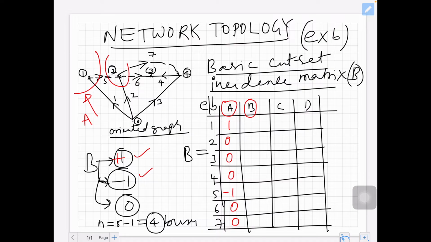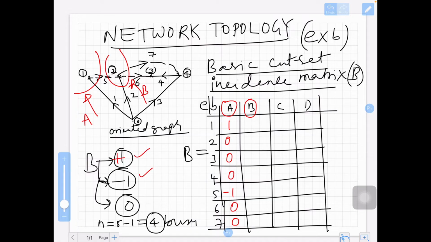Similarly, we can write the B basic cut set, that is second node. See here, second node you can mark like this, that is B. So the direction of B, you see here it involves the first element, second element, fifth element, sixth element and seventh element. So here it involves only one branch and any number of links.